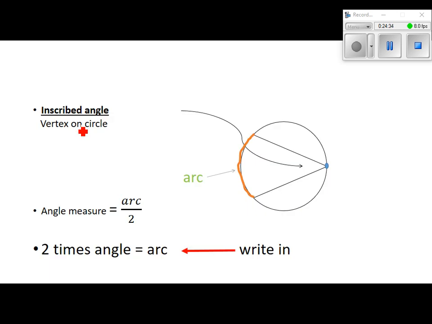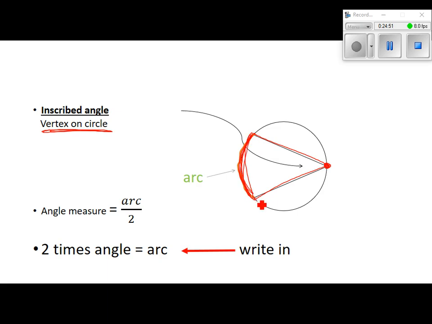Next thing, inscribed angles. We talked about inscribed angles. Remember, for an inscribed angle, the vertex is on the circle, and the angle goes in here. Notice it still cuts off a certain arc.